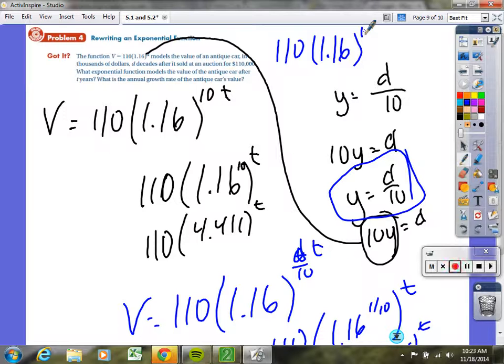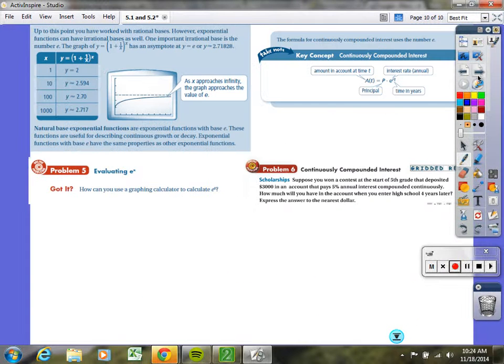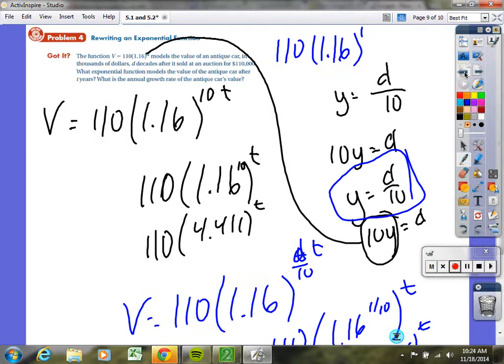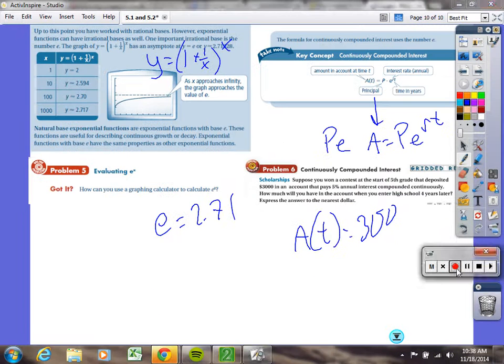Okay. Really quickly, let's see what the next part is. Thank you to whoever said that. 3,000. E is just a number. R, what's our R? 5%, so 0.05. How many years? Times by 4.